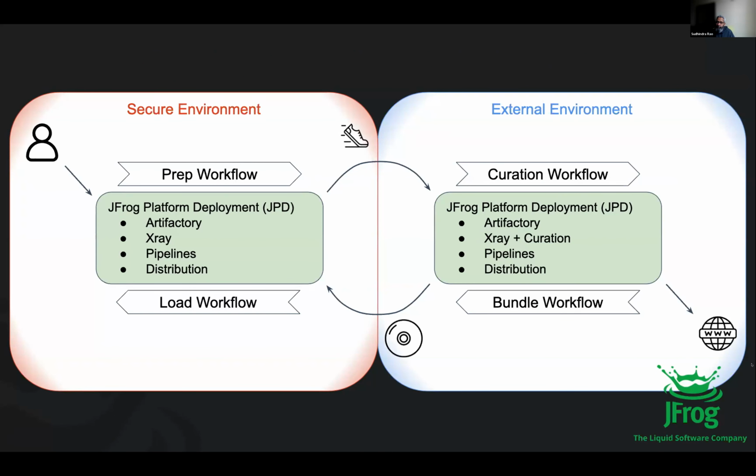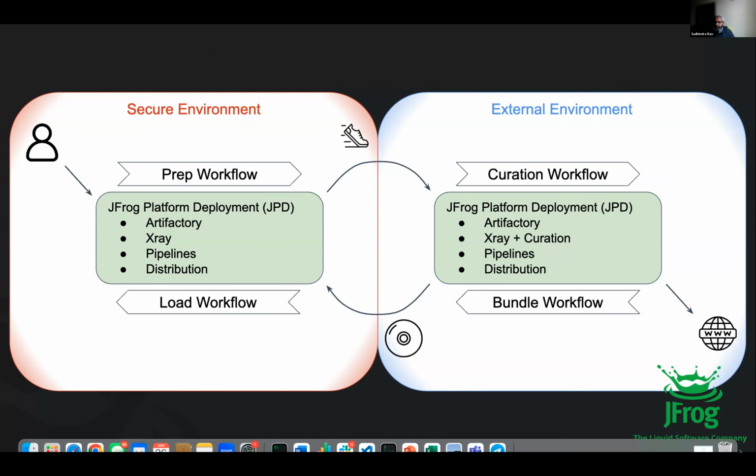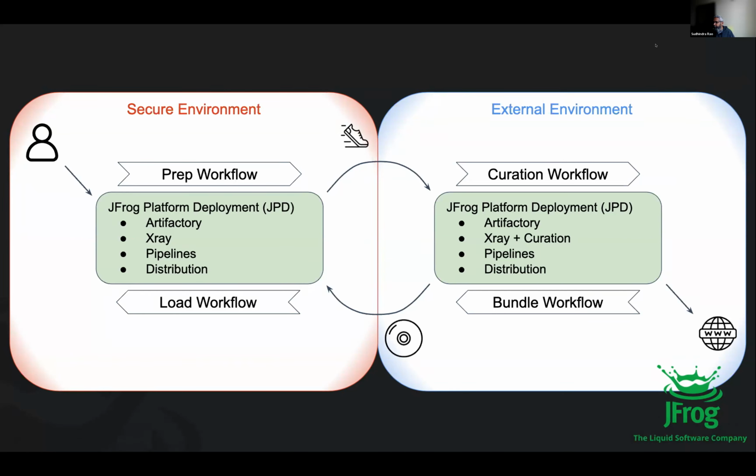So the crux of this presentation is one slide, and we are going to dive deeper into what this means. Again, if you remember from webinar number 1, the difference is we are focusing on secure environments. This could be your air-gapped, classified environments where your JPD would be running with Artifactory, Xray, pipelines, and distribution.